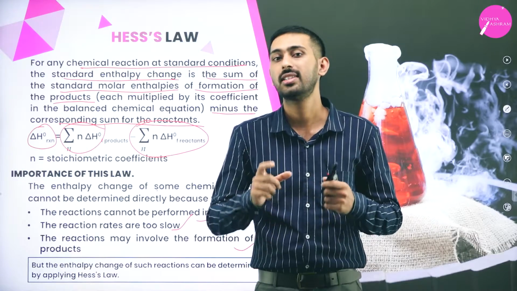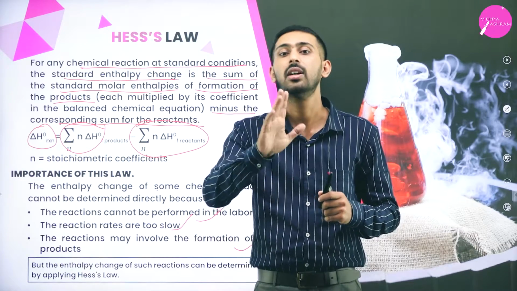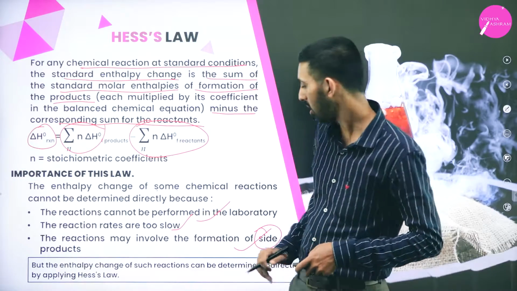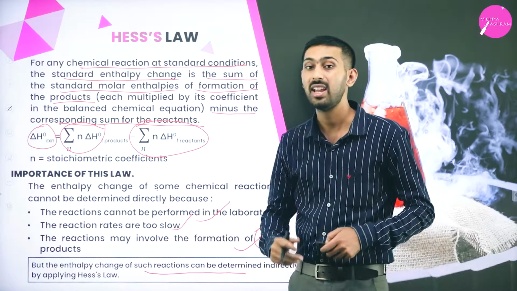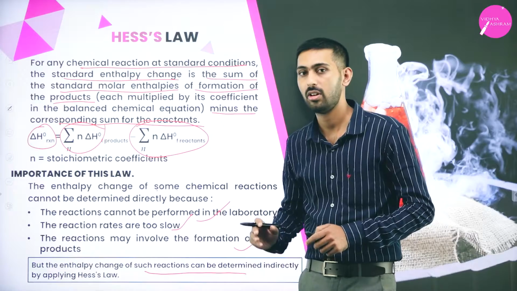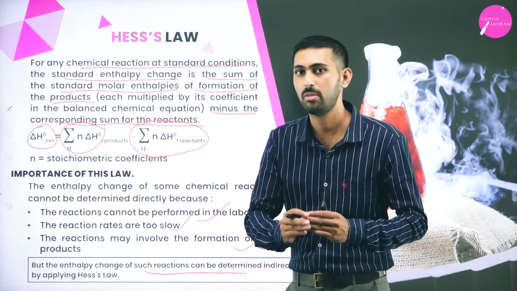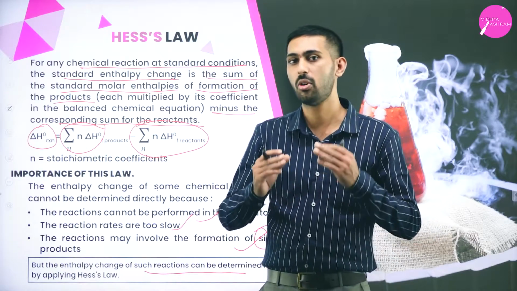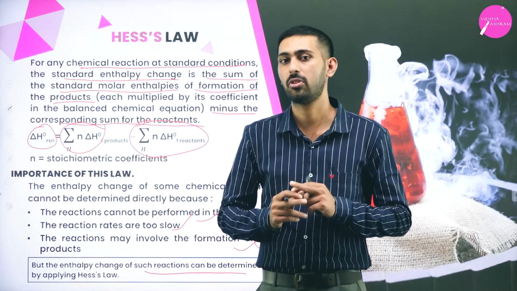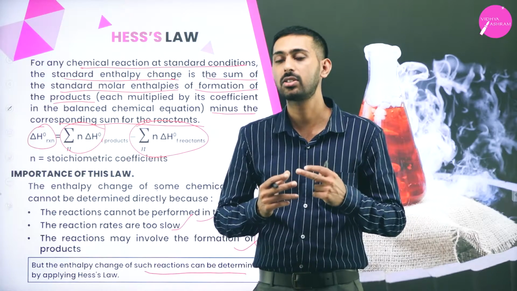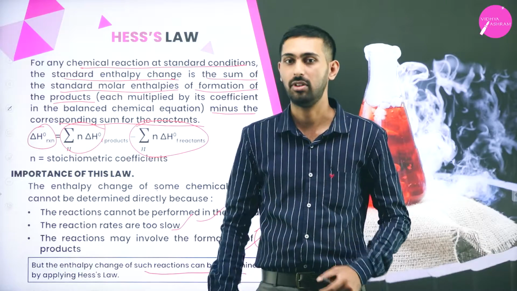So we may obtain some impurities when we are doing the chemical reactions. But the enthalpy change for such reactions can be determined by applying Hess law. Always remember, when you perform reactions in an open environment, Hess law can be applied, but you may get side products because all types of gases will be there.